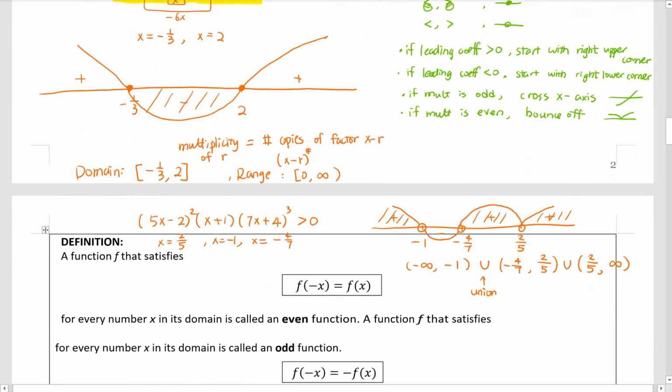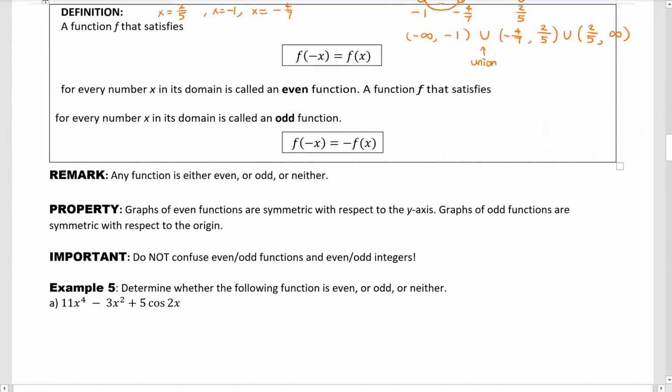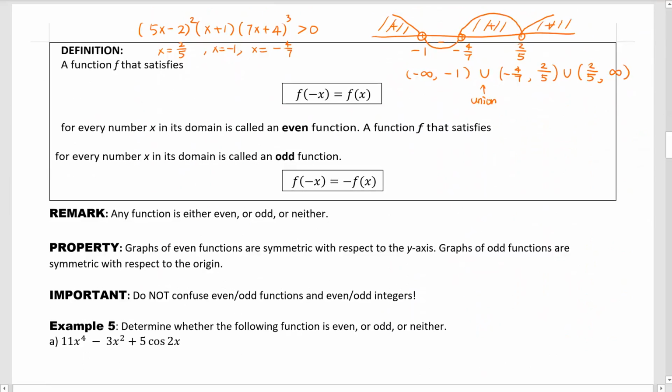Okay. Here, let's look at even and odd functions. A function f that satisfies f of minus x equals f of x for every number x in its domain is called an even function. And a function that satisfies, for every number x in its domain, f of minus x equals minus f of x, we say is an odd function.